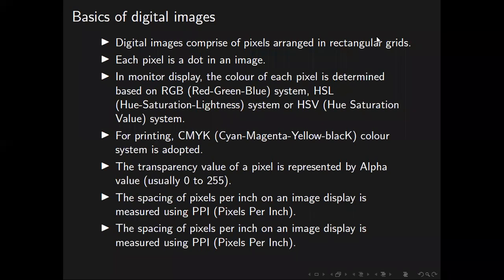Then CMYK: cyan, magenta, yellow, black. Beyond this, we have come to alpha value, and beyond the alpha value, we have gone to PPI, pixels per inch. Then in printing terms, we call it DPI, dots per inch.